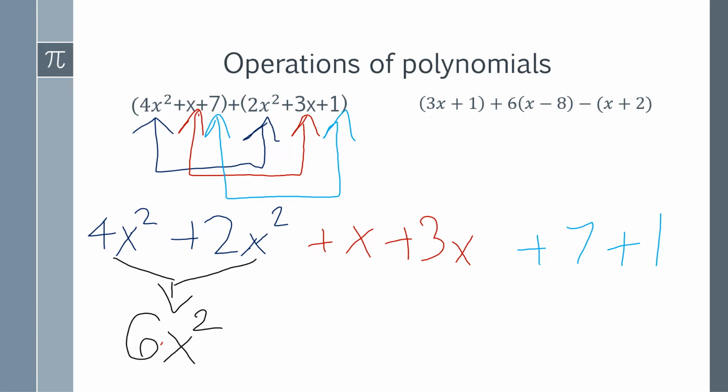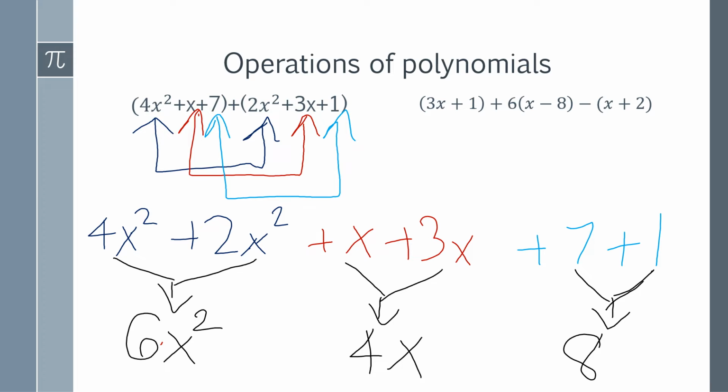All right, x plus 3x, that's essentially 4x. 7 plus 1, that's just 8. Boom. And that's your final answer to the problem on the left. Simple, no?